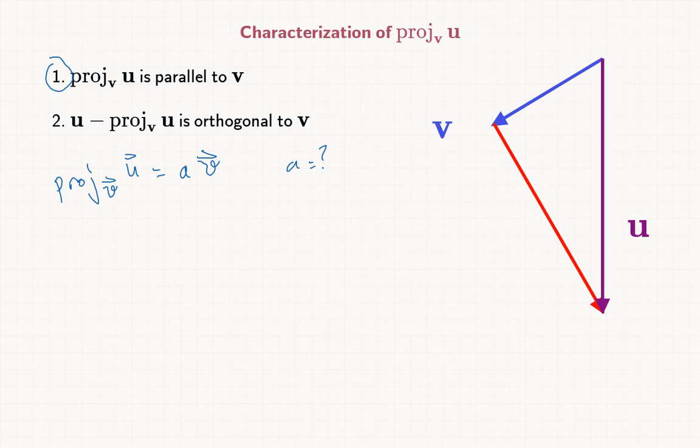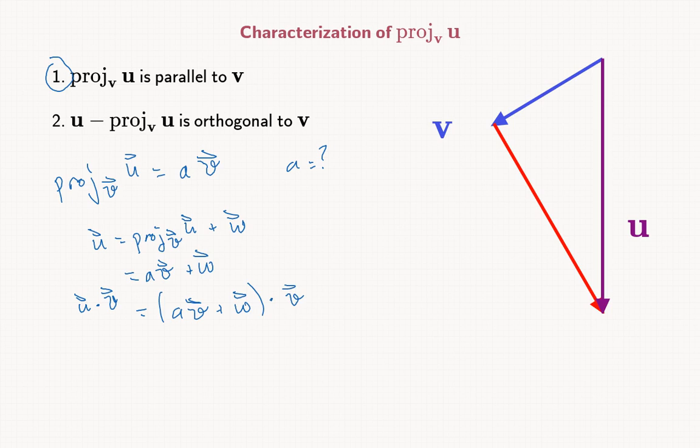Now, the second property: we write u is equal to proj sub v of u plus w, which is just a v plus w. Now I'm going to dot both sides with v, so u dot v is equal to a v plus w dotted with v. But now by the distributive property of the dot product, that's a v dot v plus w dot v.